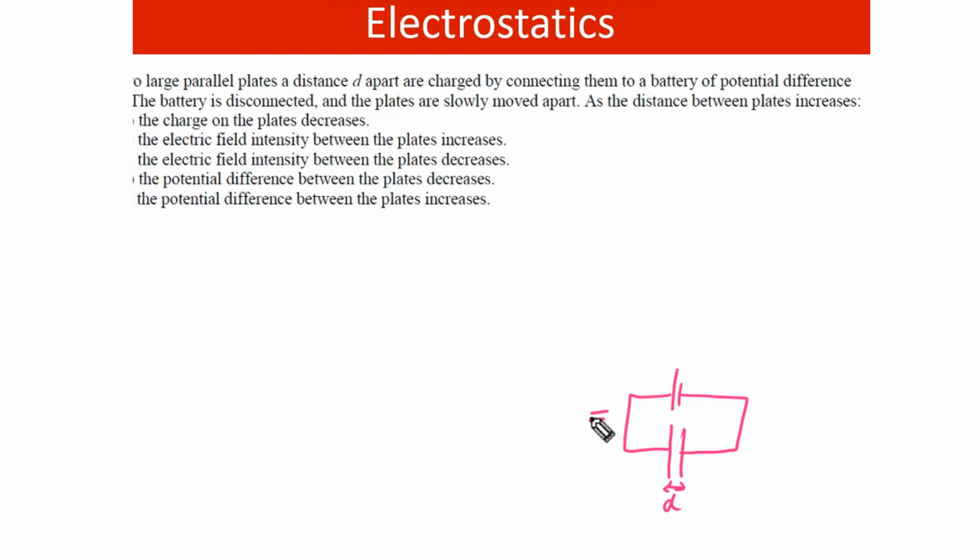What we did actually, this battery had this voltage V. Next we have these two plates here and we disconnect the battery like this. We disconnect the battery. Now what you need to understand is what will stay the same. So what will stay the same?